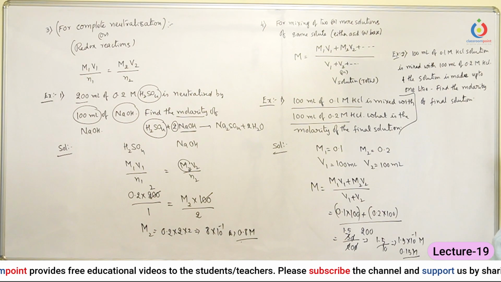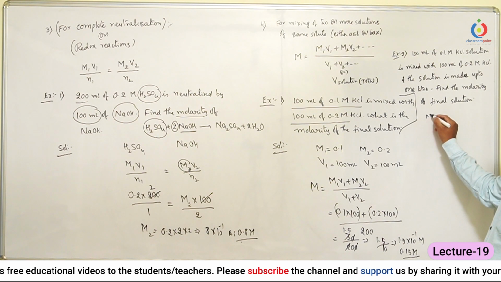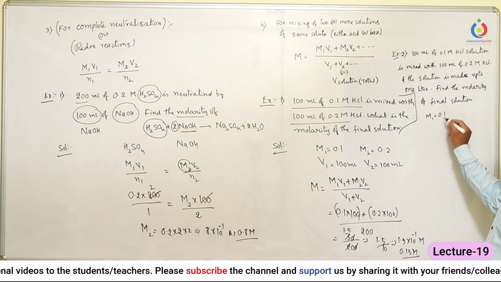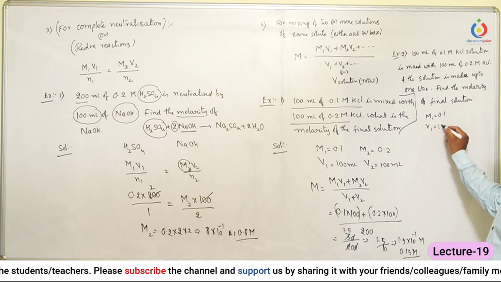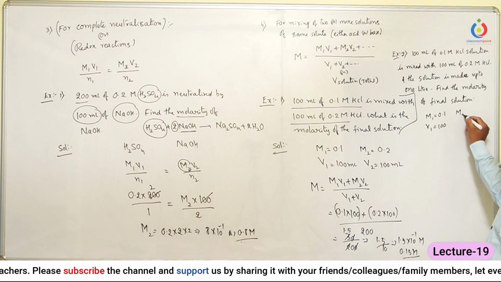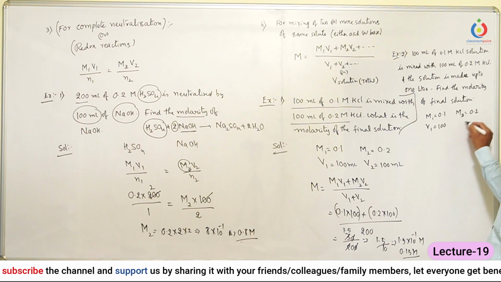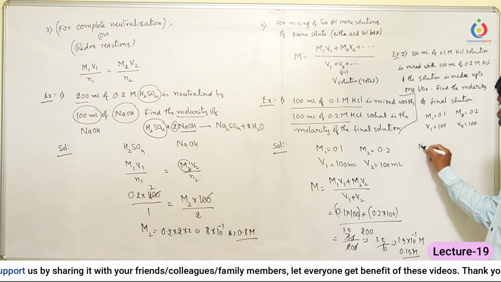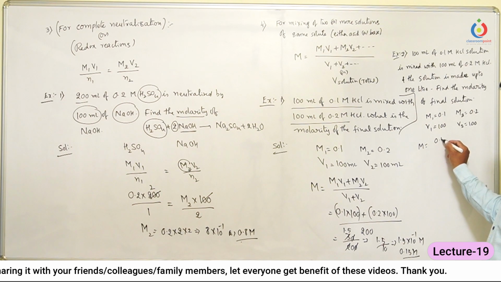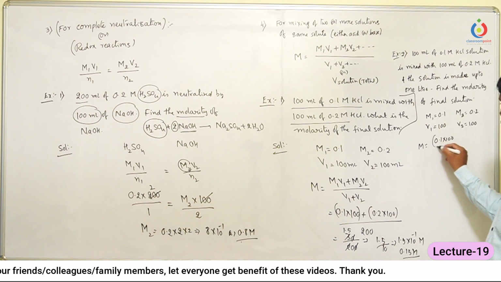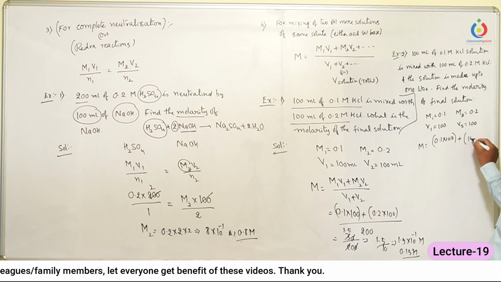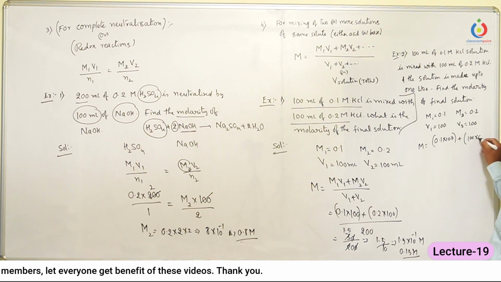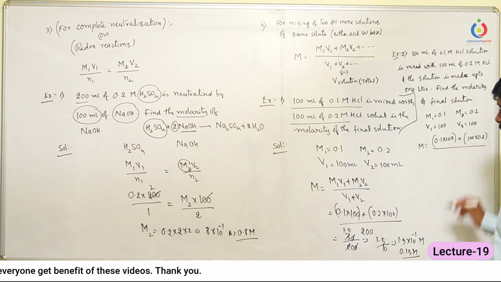So the question here is: M1 value same, 0.1, V1 value equals 100 ml, M2 value again 0.2, volume is also equal to 100 ml. Now molarity equals 0.1 into 100, M1 V1 plus M2 V2, 0.2 into 100, divided by V1 plus V2.